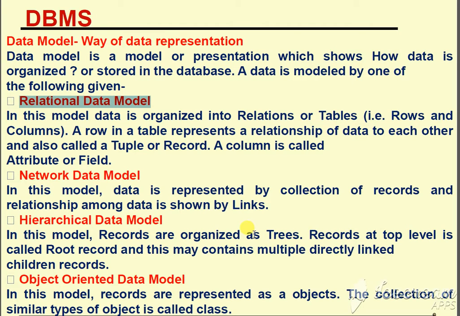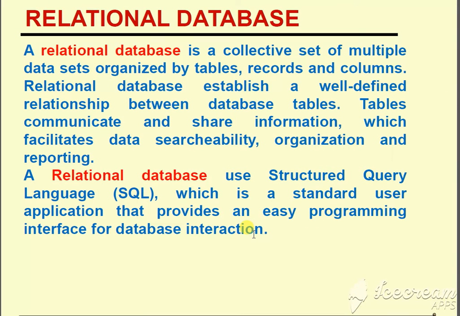Next, the object oriented data model, OODM. OODM is also a collection of the different models. Now the database you find is a relational database. So what is a relational database? A relational database is a collection of multiple data sets, organized by tables, records and columns.